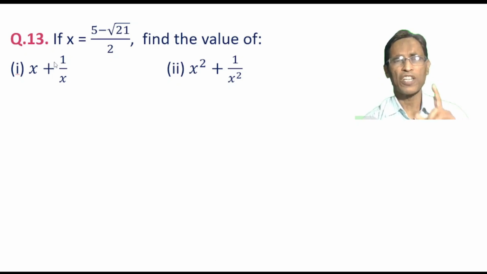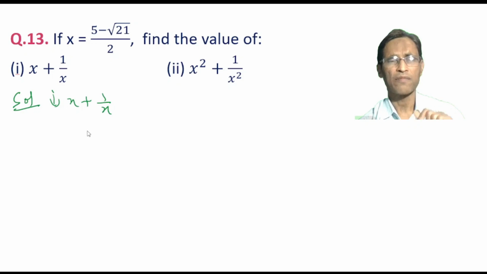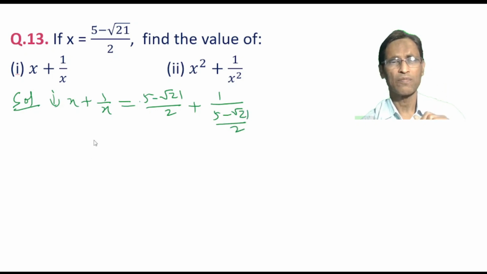Now we come to question number 13. For finding these values we will proceed like the previous problem. Therefore, we find the value of x plus 1 by x first of all. Part 1, x plus 1 by x. X will be written as 5 minus under root 21 by 2 plus 1 by 5 minus root 21 by 2.